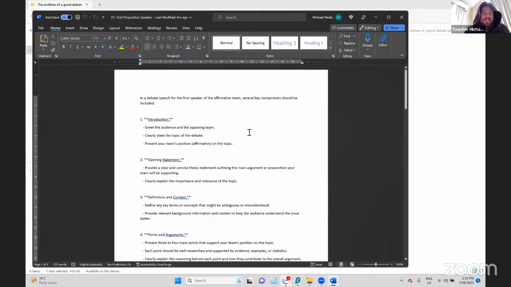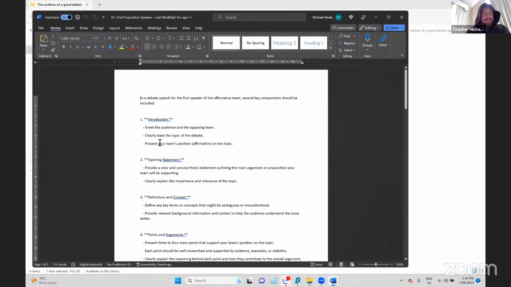And then next, we want to clearly state the topic of the debate, so we let everybody know what the actual topic is. And once we've stated that topic, then we can go on to present our team's position, which is also known as the motion for the affirmative team.